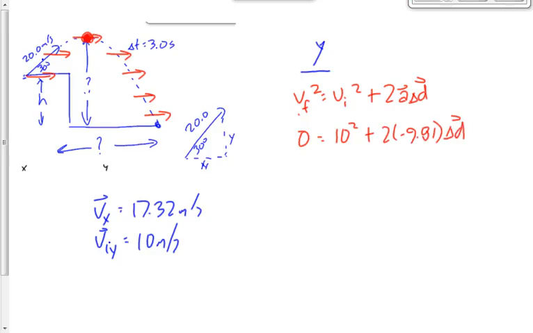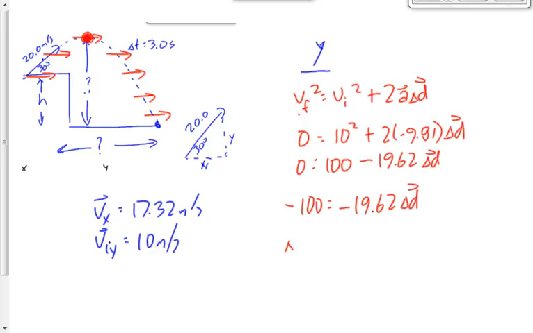What do we get? 0 is equal to 100 minus 19.62 times delta d. Negative 100 equals negative 19.62 delta d. What do we get for delta d? It's about 5. 5.1 maybe? 5.0968 meters.